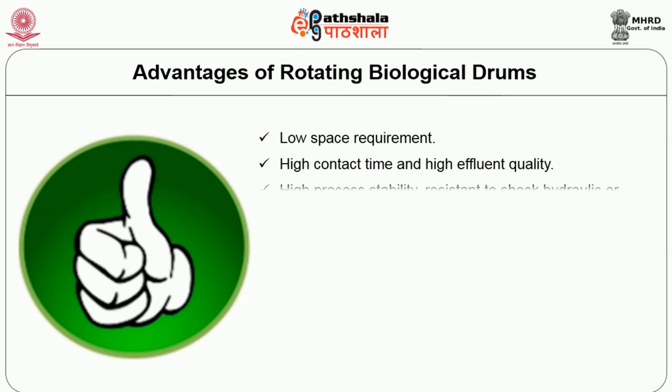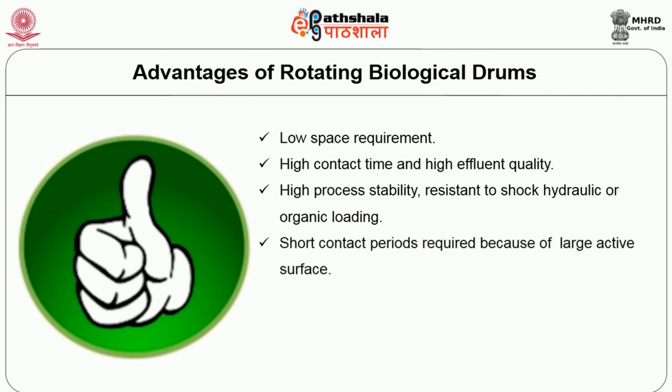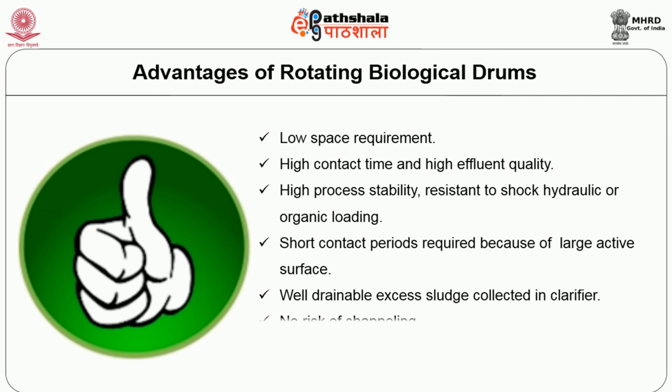This process has high stability and is also resistant to shock hydraulic or organic loading, and it requires only very short contact periods because it has a very large active surface. The drainable sludge can be easily collected in a clarifier and there is no risk of channeling, and the amount of sludge produced during this process is low.